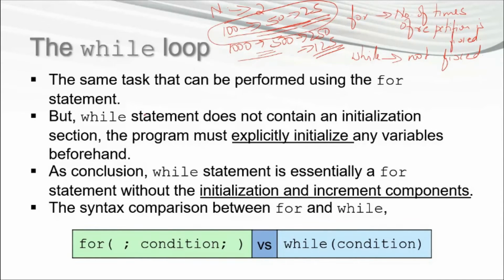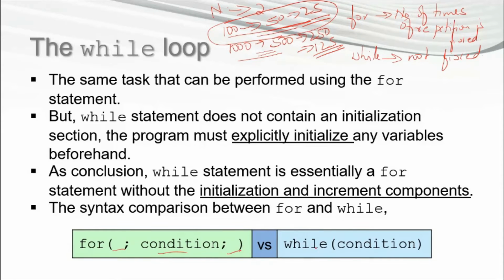Another difference between the for loop and the while loop is that the while statement does not contain an initialization section. The program must explicitly initialize any variables beforehand. In the case of while, only the condition checking is done inside the parentheses. But in the case of a for loop, the initialization is there, the condition is there, and the increment is also there.